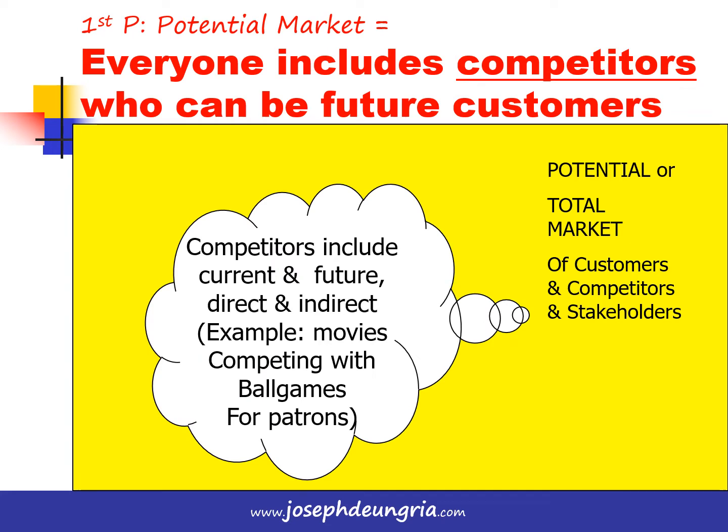Now, part of the potential market are your current and future direct and indirect competitors. So you may think of, yesterday was Valentine's Day, right? What events were competing with one another? What can you do on Valentine's Day?